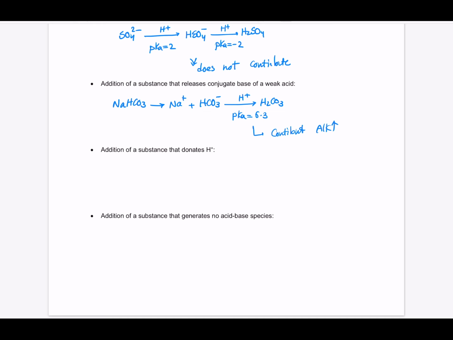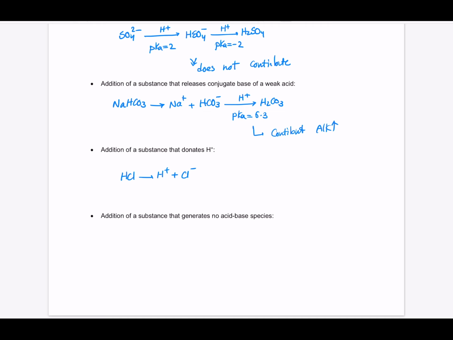How about a strong acid? So let's say you add HCl. Does it impact alkalinity? Anyone? For sure, it shifts the pH, right?